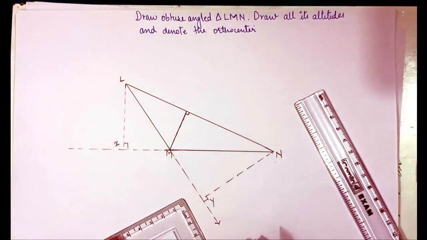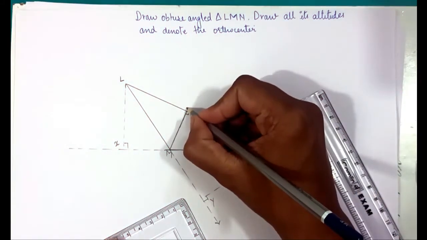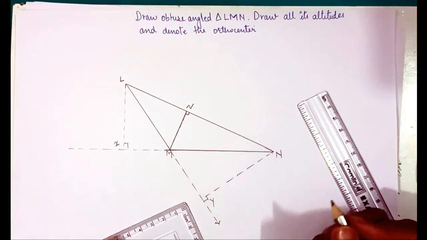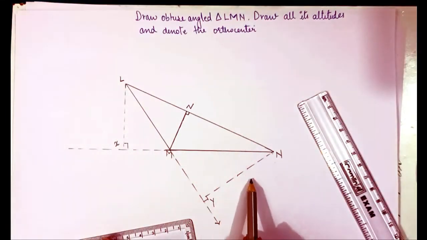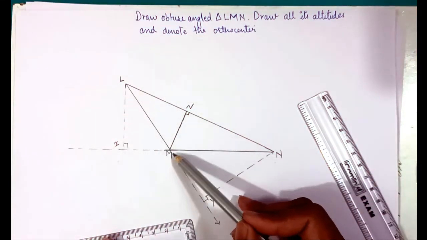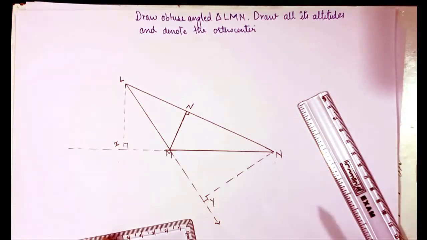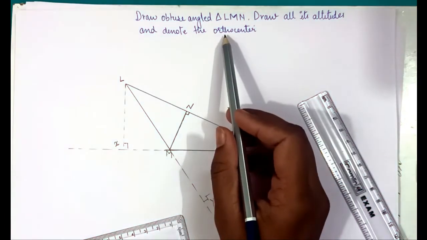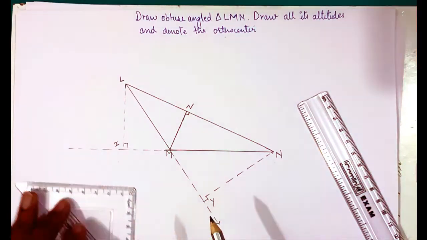Okay, children. Now this is Z. Now we have all three altitudes, LX, MZ and NY. Now we have to find our orthocenter.